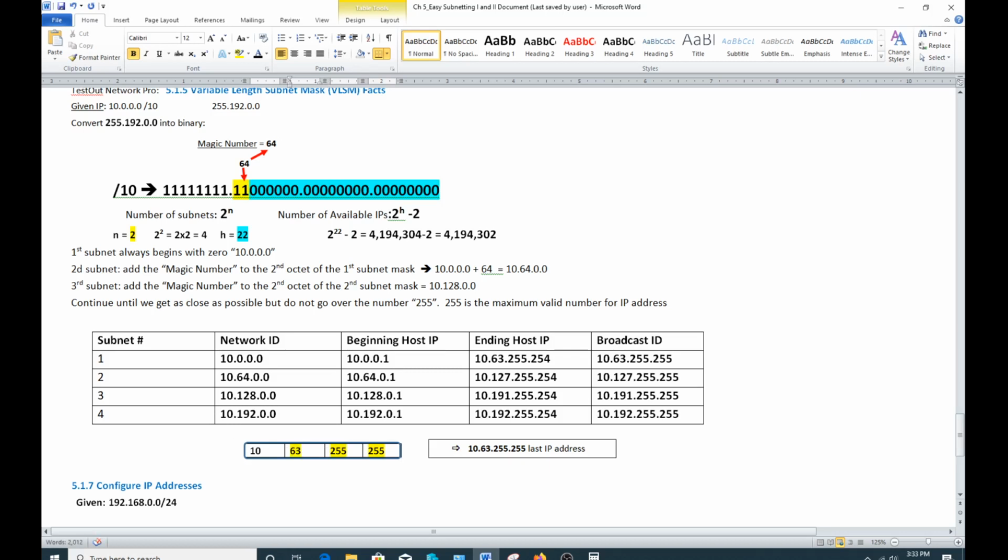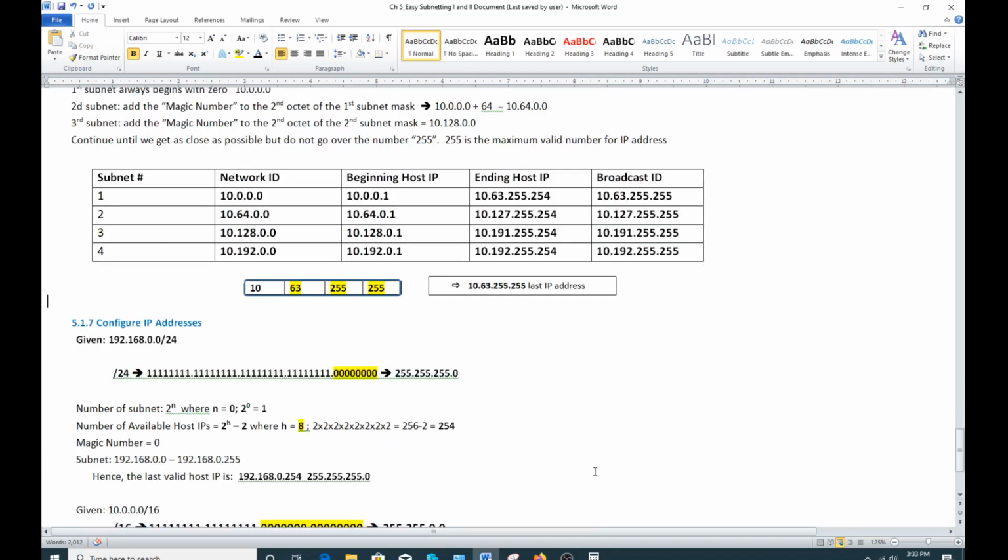Then that's the end of it, because the next number is 64, which is my second subnet. So the last IP address for this subnet is right here, and the same thing is true for each one of these subnets.